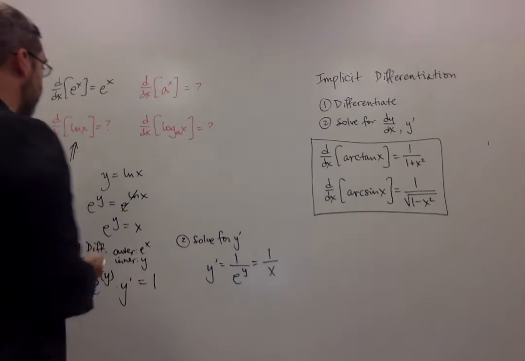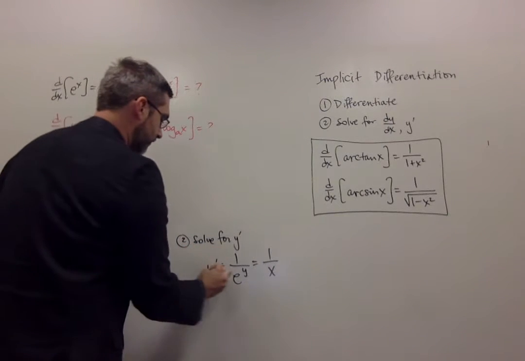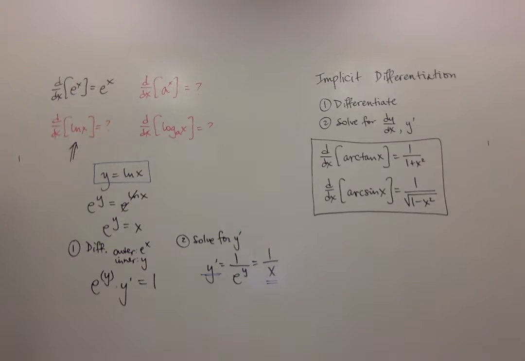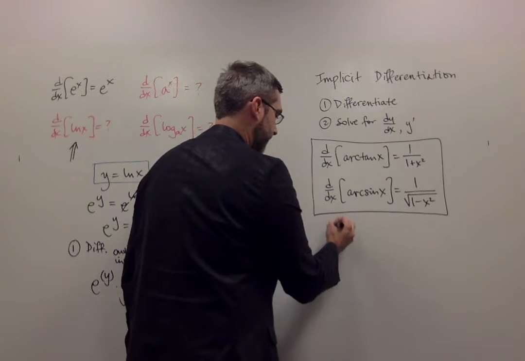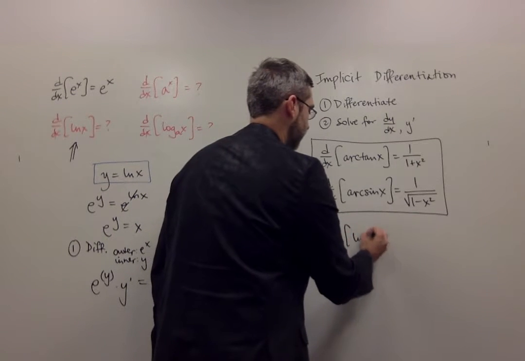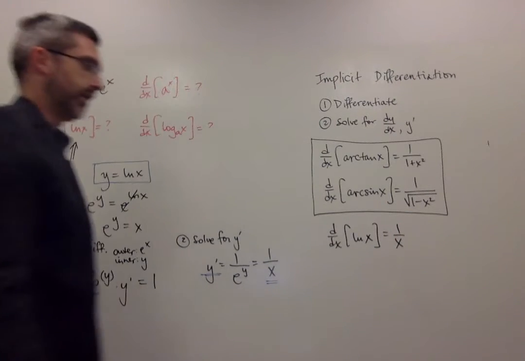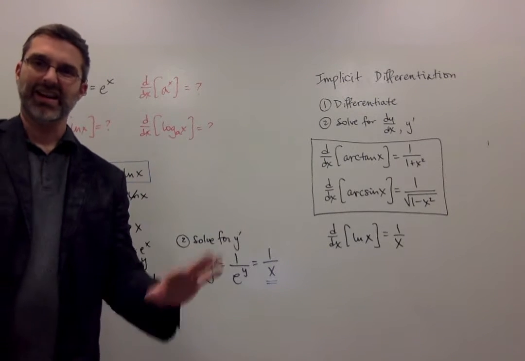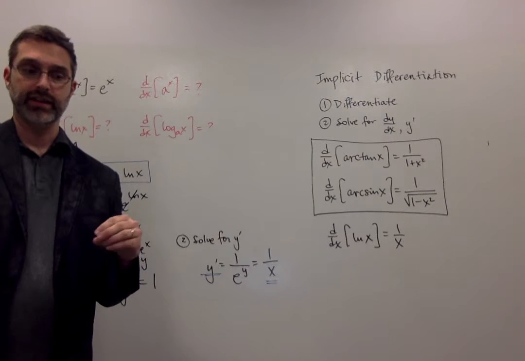If y equals natural log of x, then the derivative is 1 over x. So this gives us another formula for our list here. The derivative of natural log of x is 1 over x. So natural log may feel like a really not fun function, but the derivative is a really nice function. It's 1 over x.